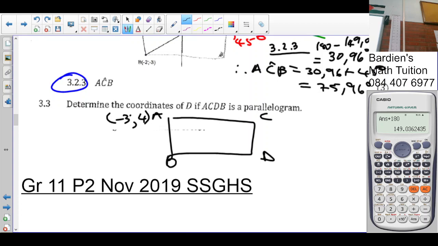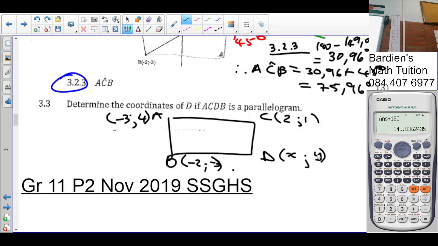What's the coordinates of C? 2 and 1, yes? Okay. D is what we're calculating, not so? And B, negative 2 and negative 3.